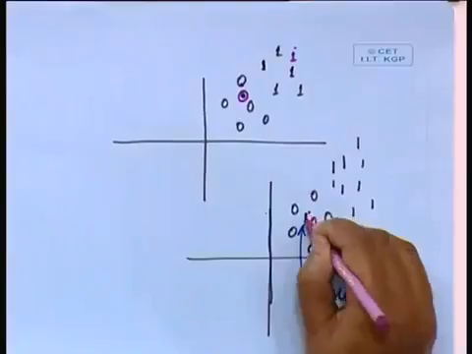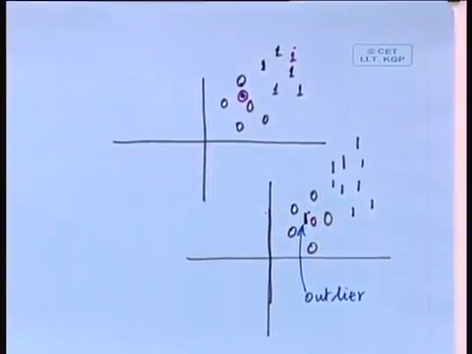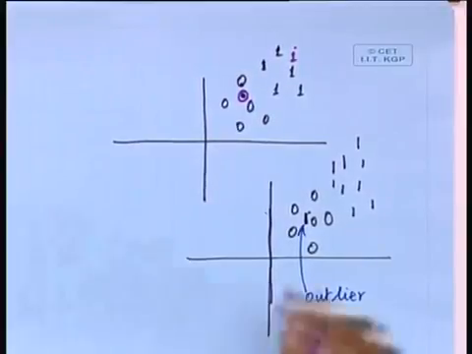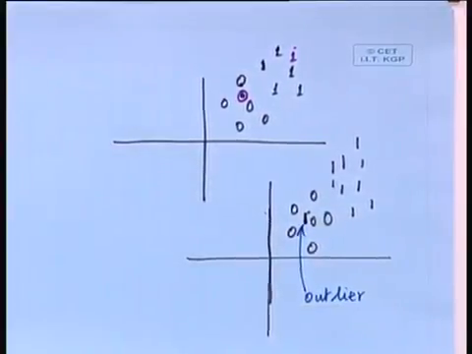That outlier can now act as the nearest neighbor to the x test vector, and in that case the classification that this x test vector is going to get is 1, which is not a correct classification, because we are making the classification based on an earlier observation which is already wrong, already an outlier. So naturally this approach of finding the nearest neighbor has some problem.